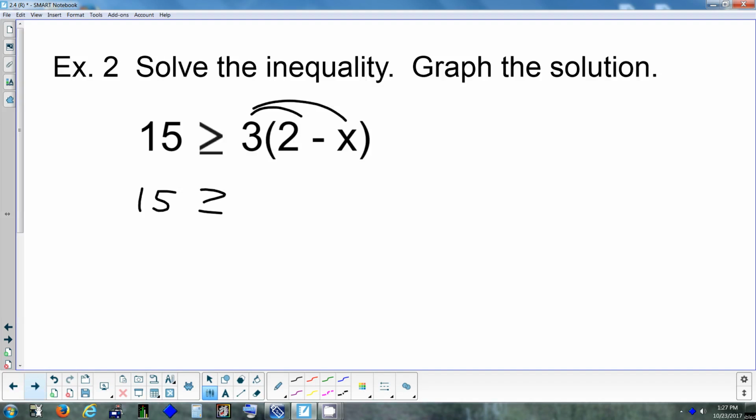When we're distributing the 3, does that affect the 15? No. So Mackenzie, when I distribute, what do I get with 3 times 2? Yep, 6. Okay. And then copy down your sign, minus. Mallory, what's 3 times x? 3x. There you go.